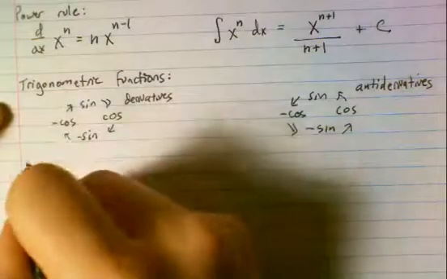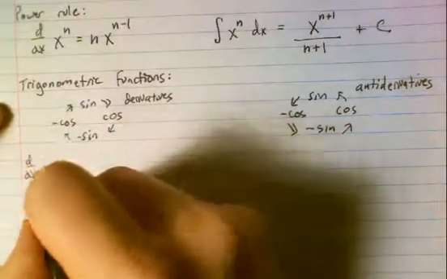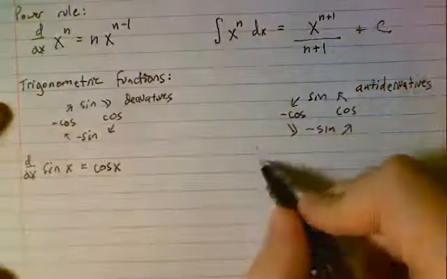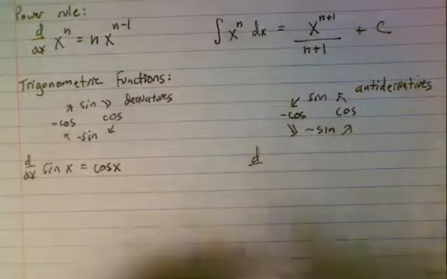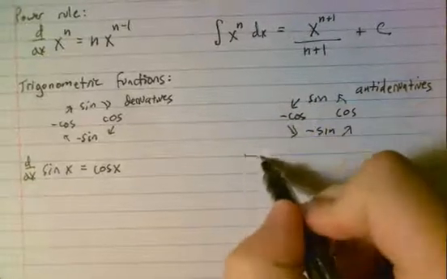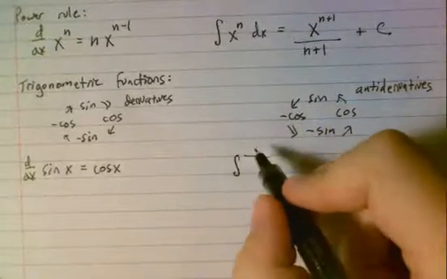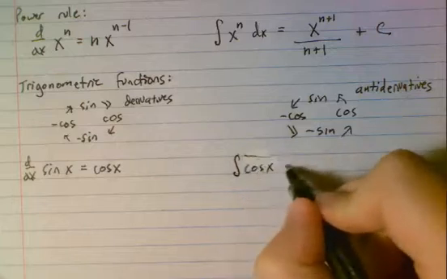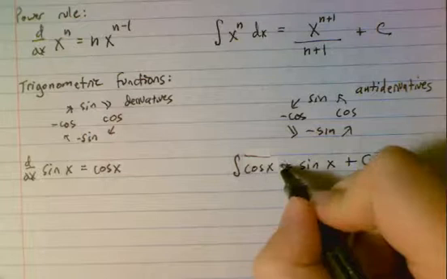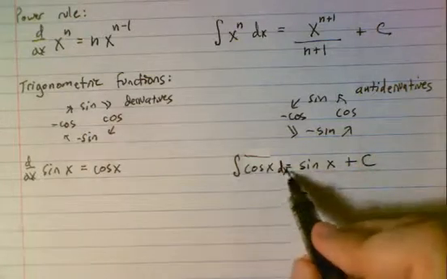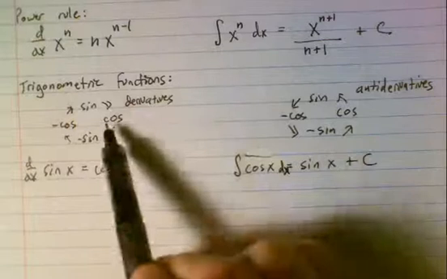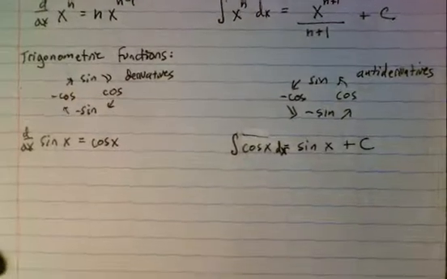So whereas over here we had that the derivative of the sine of x equals the cosine of x, here we have that the antiderivative of cosine of x is sine of x plus c, and there's always a little dx right there next to that. First we went this way, now we're going that way.